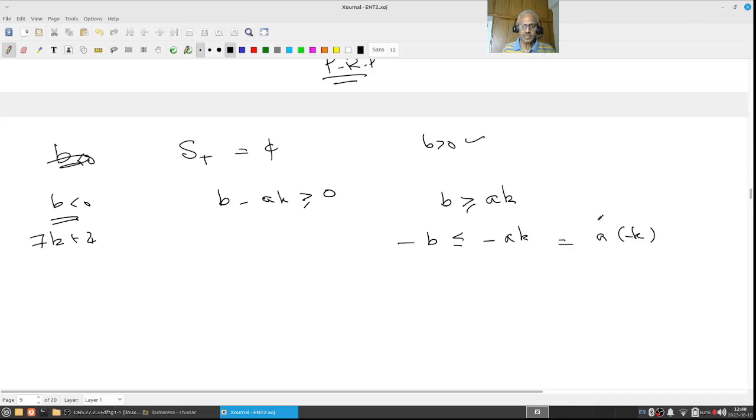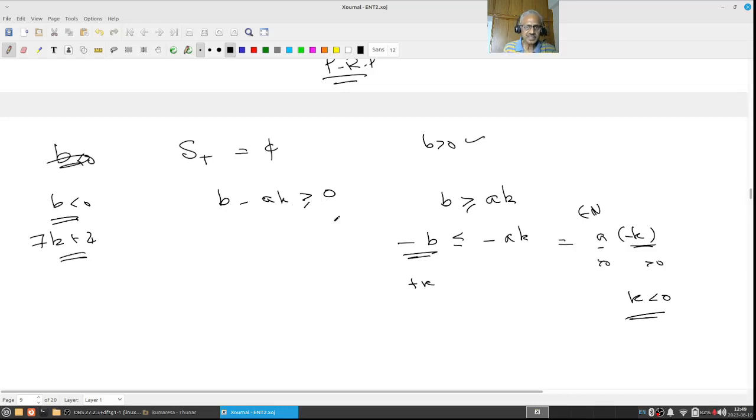Are you following? Now, A is positive. This is a natural number. Therefore, this is positive. And this side is positive. Therefore, minus K must also be positive. That means K must be negative. Do you understand this? Yeah? So, go slow. I want to choose an integer K such that B minus AK is greater than or equal to 0.